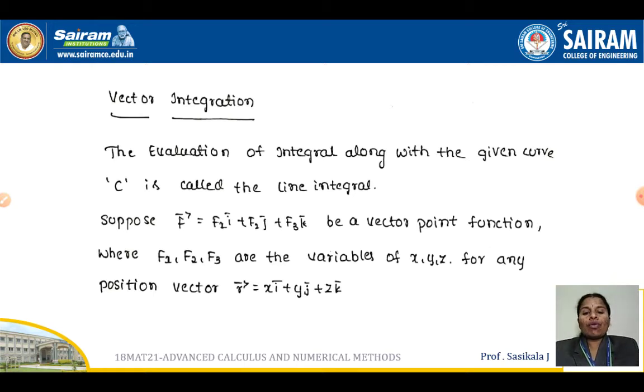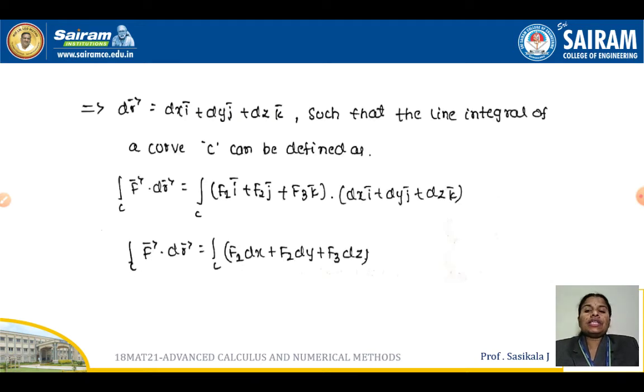Now the position vector r vector has been given, so what is dr vector? dr vector is dx i vector plus dy j vector plus dz k vector, such that the line integral along a curve C can be defined as the integration over C of F vector dot dr vector, which is f1 i plus f2 j plus f3 k dot dx i plus dy j plus dz k.